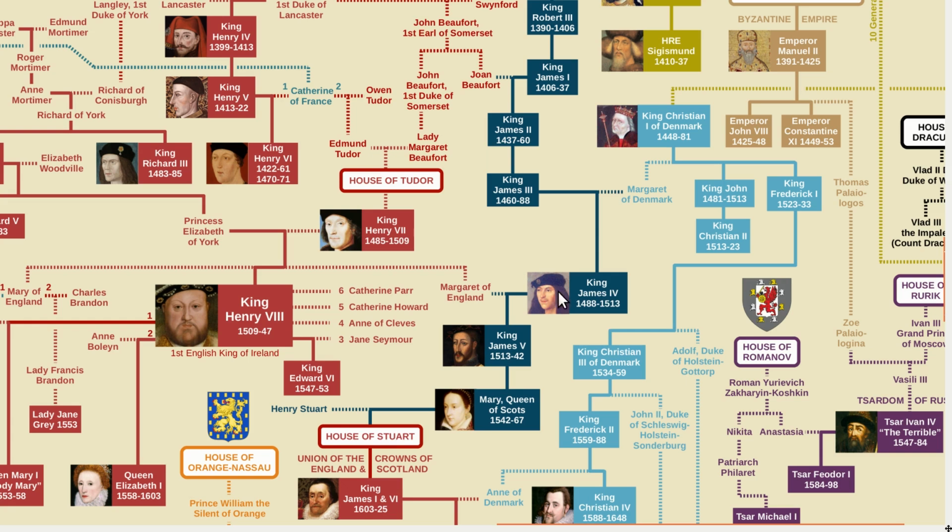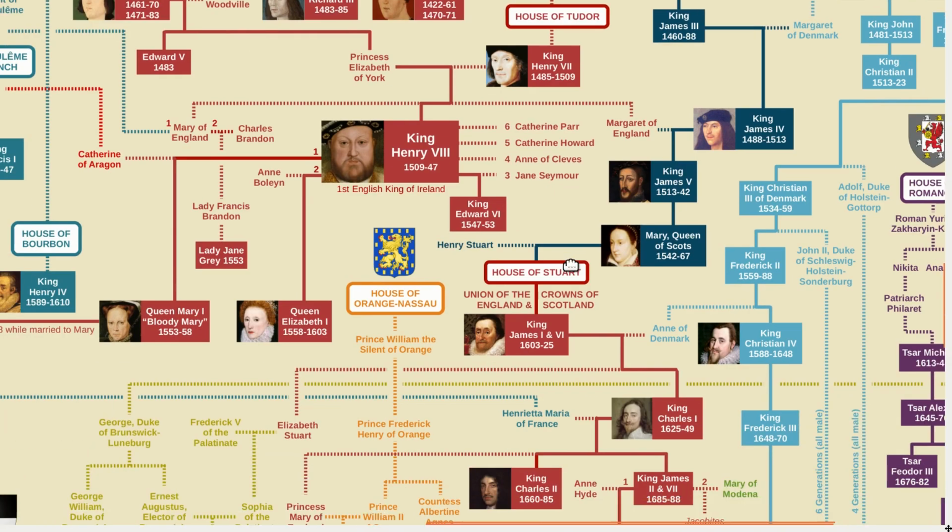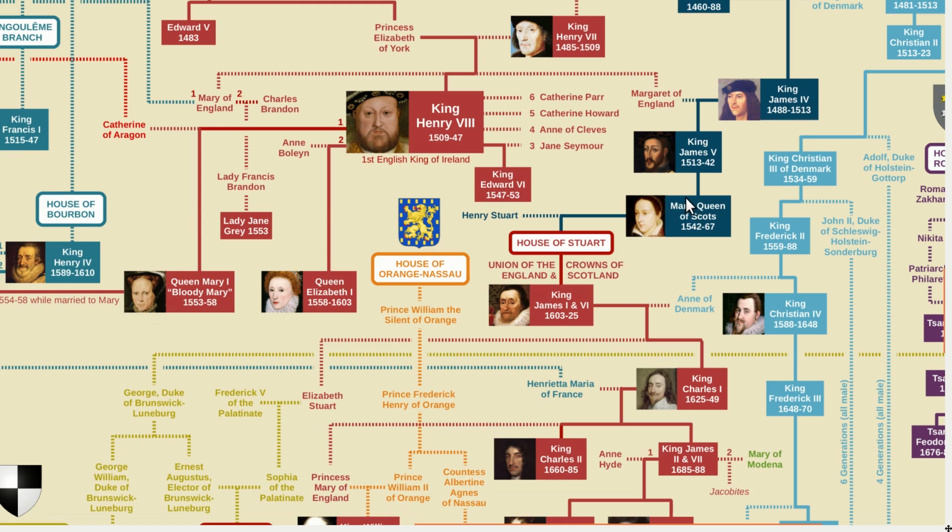Margaret and James had a son who became James V, and then James V had a daughter who became Mary, Queen of Scots. Now, Mary, Queen of Scots, a lot of people get her confused with Queen Mary I of England, who is also known as Bloody Mary. And these are actually two different people.